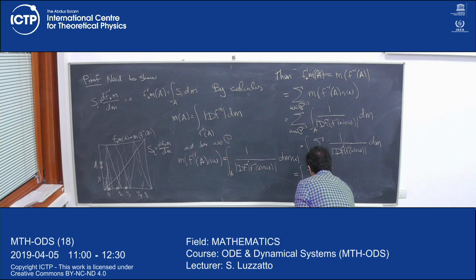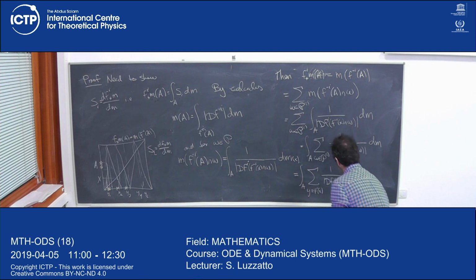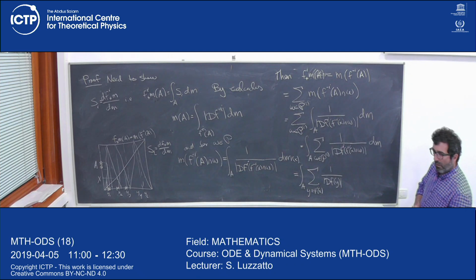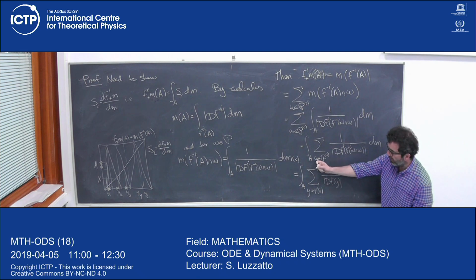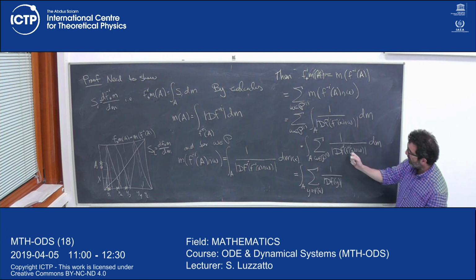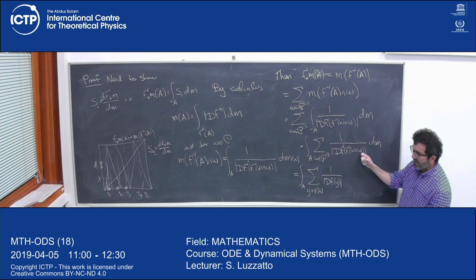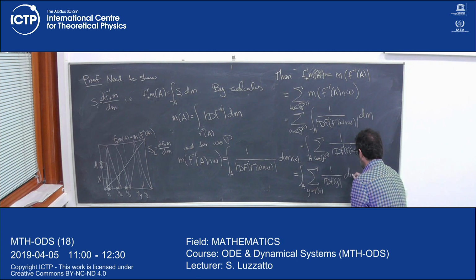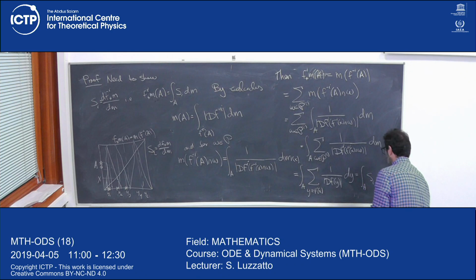So this is the sum over y equal to a pre-image of x of 1 over df of y, because there is one pre-image inside each omega. So when we take the sum over pre-images, it's the same as taking the sum over all omega, where f minus I of x intersection omega is just the pre-image of x that belongs to omega. Each omega contains one pre-image of x. This is equal to this, y, and so this is exactly equal to the density of f_I star, dm.